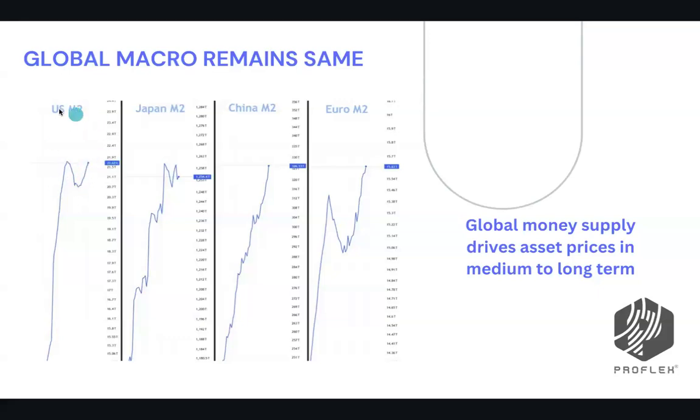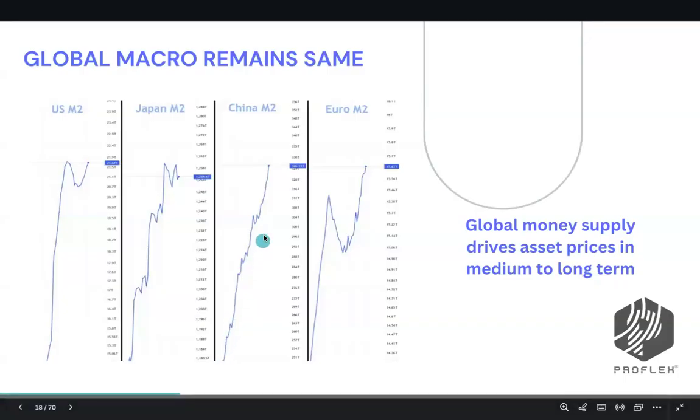By the way, the US has the biggest money supply in the world. If you look at the numbers, which are not very visible here, these are really huge numbers. And actually, China is even bigger because they have a bigger population and bigger internal money supply. China, since COVID, has only been printing. They have never slowed down.